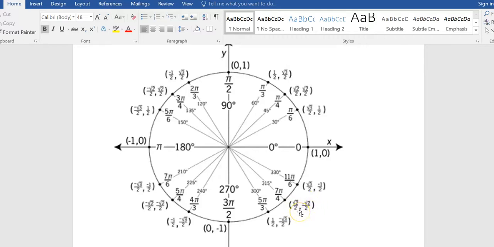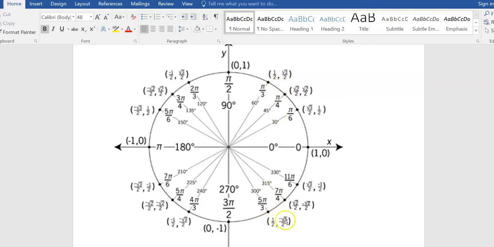So I'm just going to start filling that stuff in here on my paper. So I got the cosine at negative 45 to be the positive, my sine at negative 45 to be the negative rad 2 over 2. So I'm just writing those on my paper. And then for the cosine at negative 60 and sine at negative 60, remember it's the same as 60 degrees. It's the same numbers that you see right here.